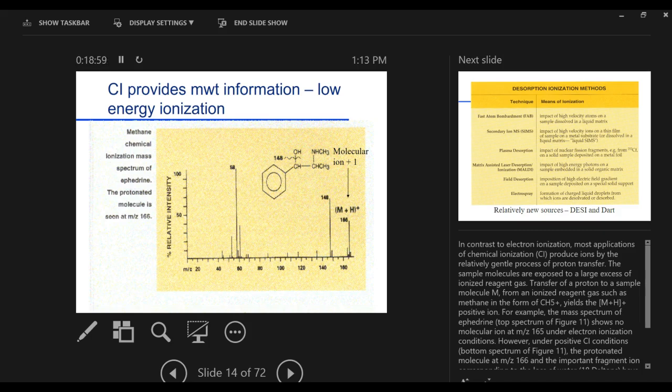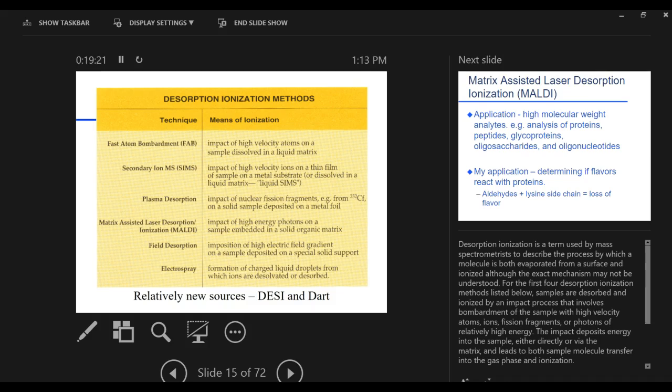It has a mass here at 148. So the idea that this is a pretty labile molecule up here, that hydroxy group will be lost. So this is the whole molecule. This is the fragment that occurs here. This is the fragment that occurs when this part of the molecule breaks. So again, we're looking at pieces and a more gentle way to look at them.